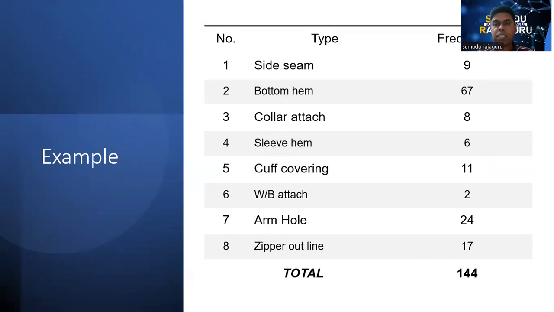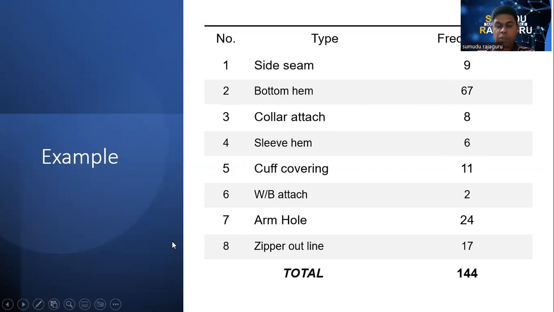According to this, side seam 9 times, bottom hem related issues 67 times, armhole related issues 24 times, likewise. Then when we add all issues, the frequency is 144. This is the total number of issues that occurred.